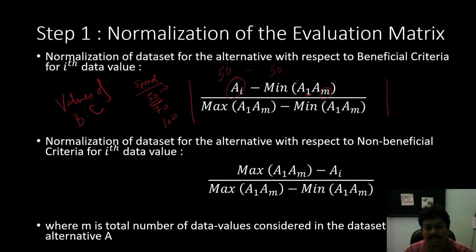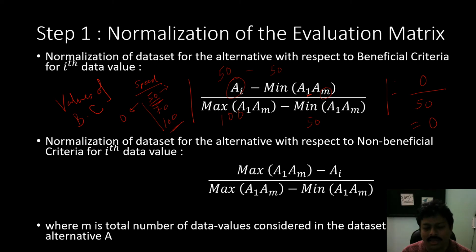And the maximum value is 100 within these three values. So the numerator is 50 minus 50, which is 0, and the denominator is 100 minus 50, which is 50. So ultimately the result is 0. Now you see, the minimum value in the set, when we normalize it, gets 0.